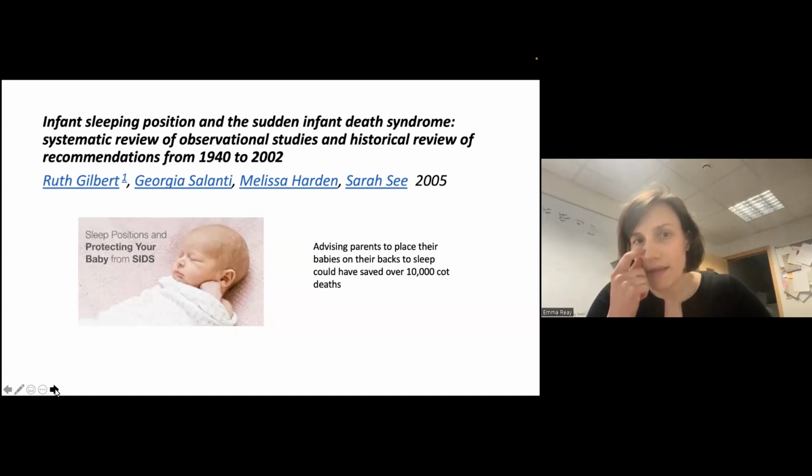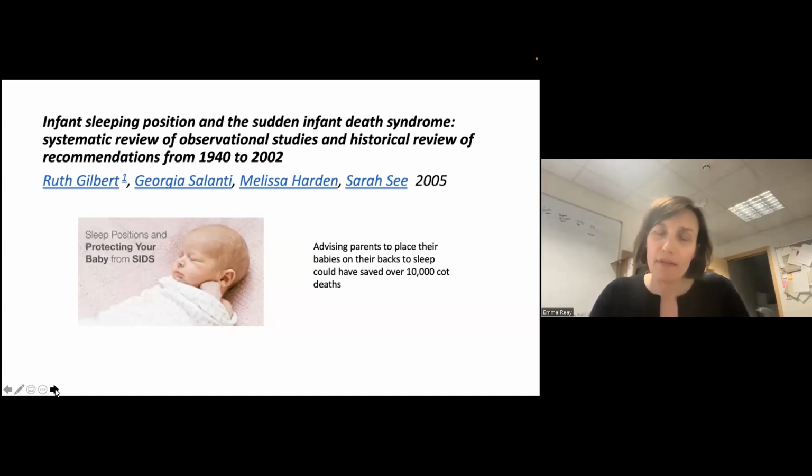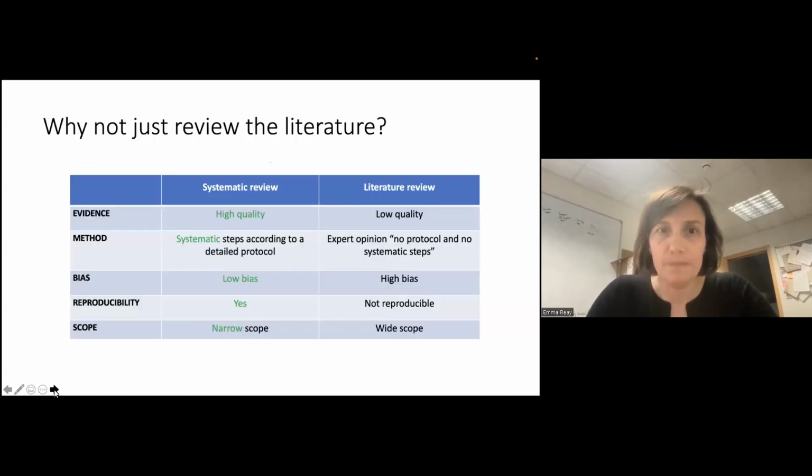They came to this conclusion by assimilating a huge amount of data and comparing the results of all of the data. So these systematic reviews can be very powerful.